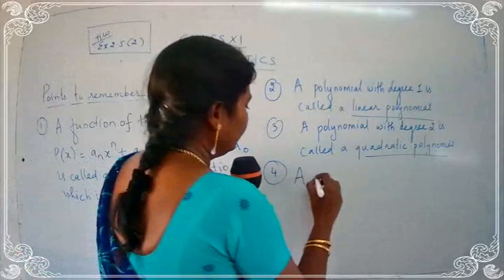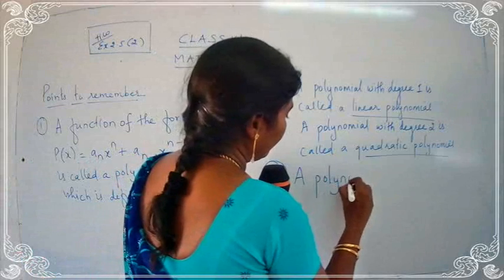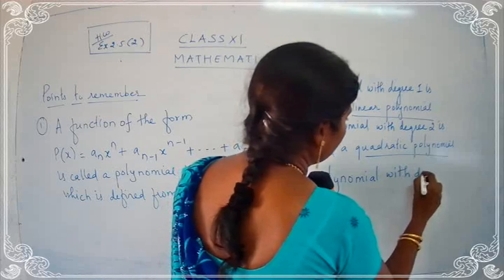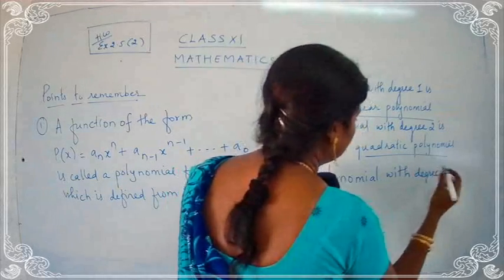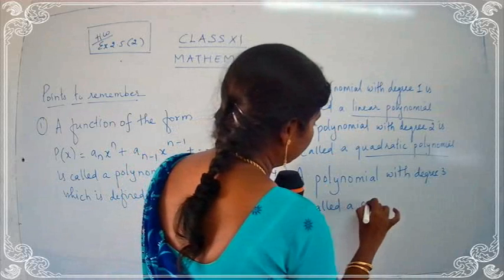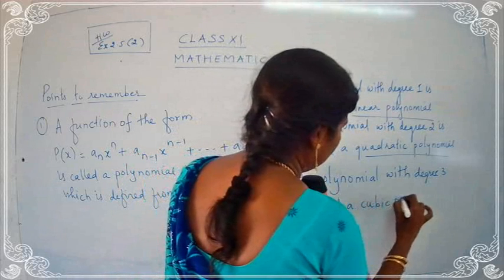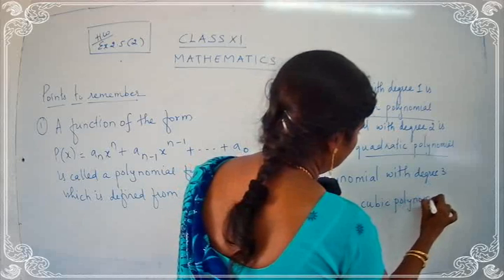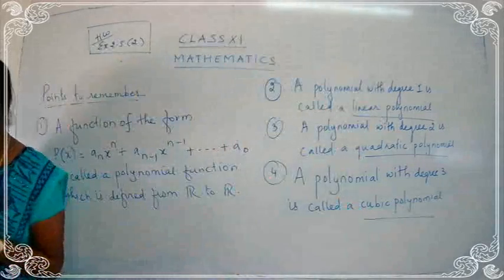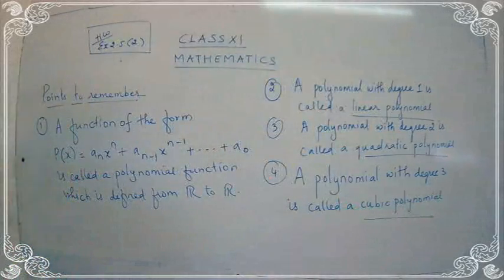A polynomial with degree 3 is called a cubic polynomial. Right.